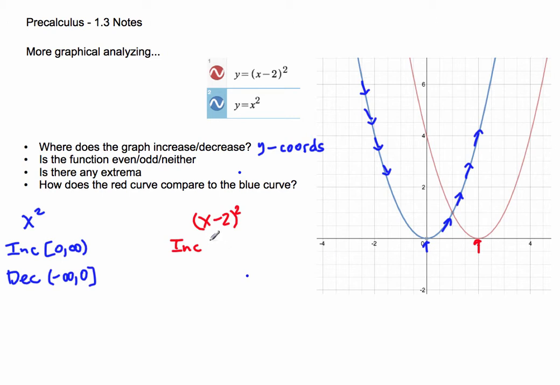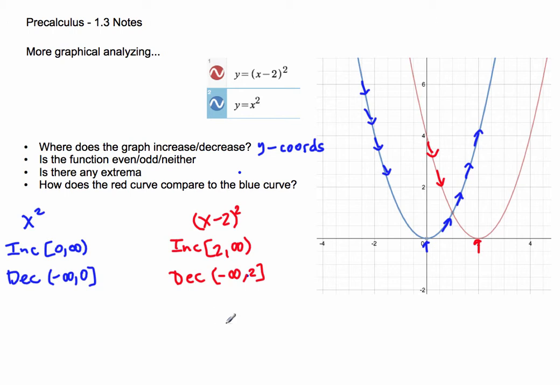So this is going to be from 2 to positive infinity. This is where my increasing behavior is going to be. My decreasing behavior then is going to be on the other side, where all the y values are falling. So that's going to decrease from negative infinity to 2.